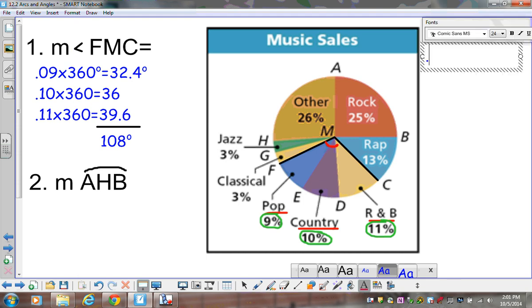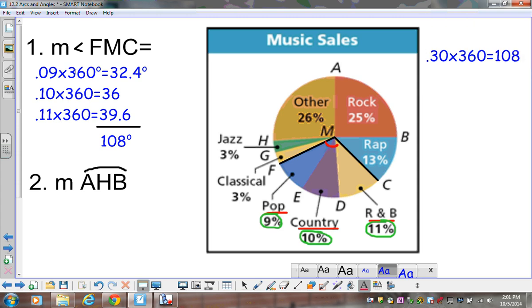So we've got 0.30 times the 360 degrees. And if you take 0.3 and multiply it by 360, notice you get 108 degrees. So either way you do it, you can take each individual one, convert it to a decimal, and then multiply, then add those up, or you can add up the percentages, convert that to a decimal, and multiply by 360.